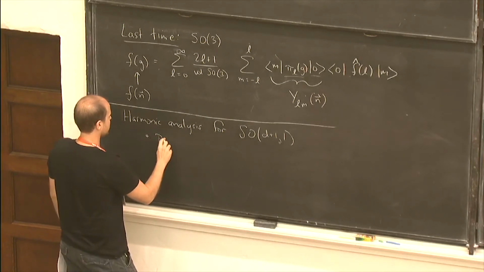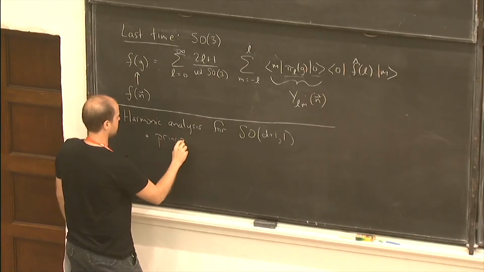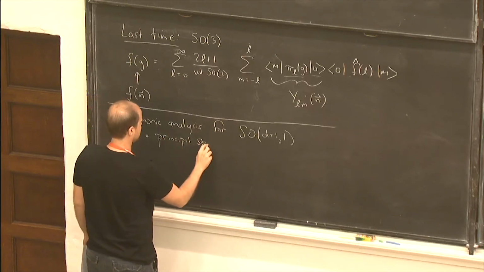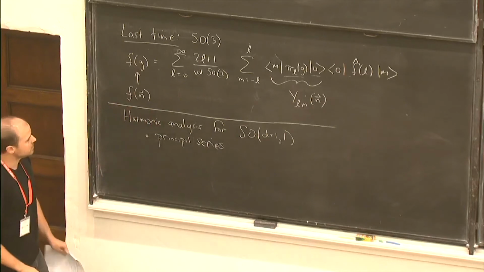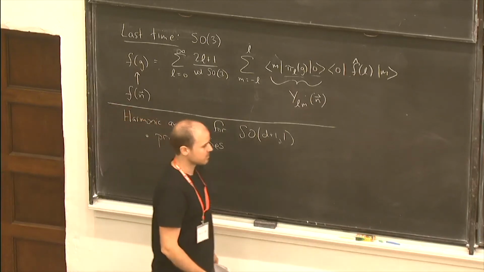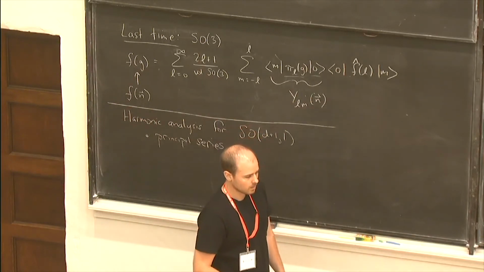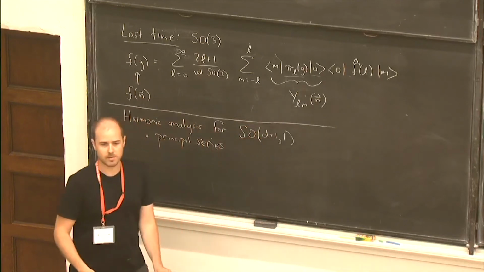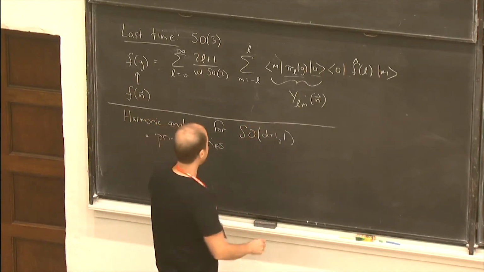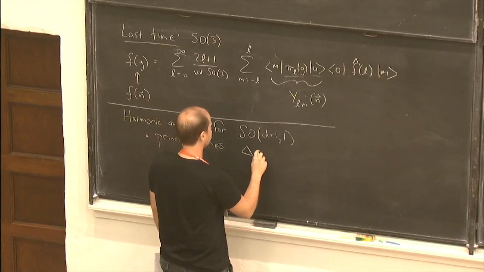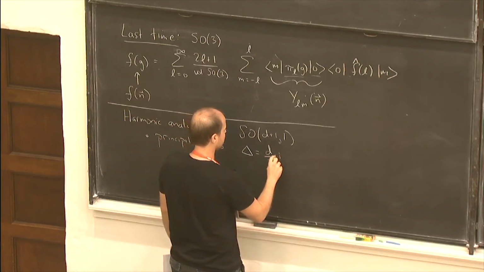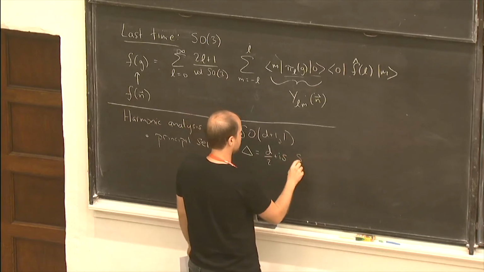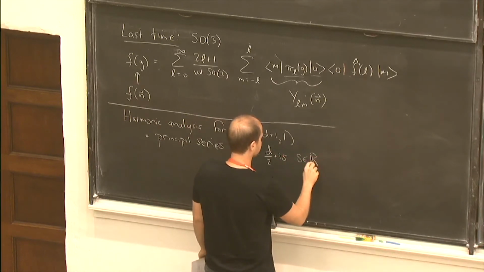So first, there are principal series representations. These representations look just like familiar operator representations in CFT, but the dimensions have these funny complex values. So the dimension is d/2 + i s, where s is a real number.